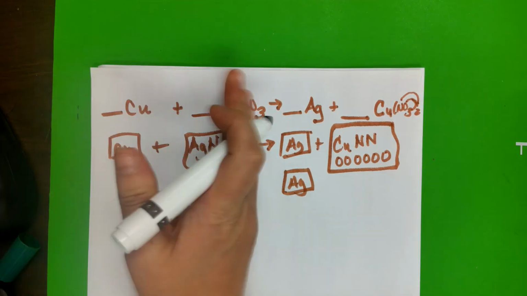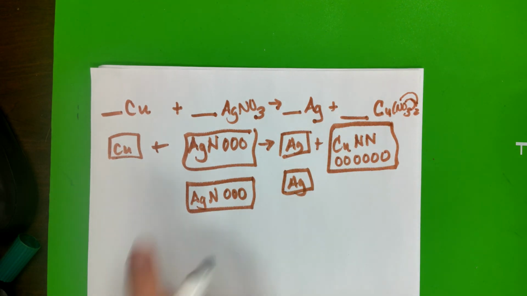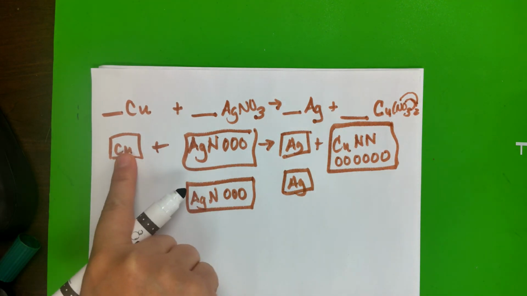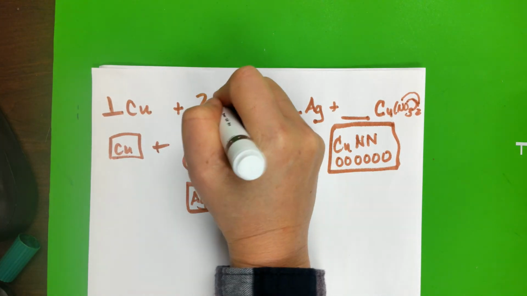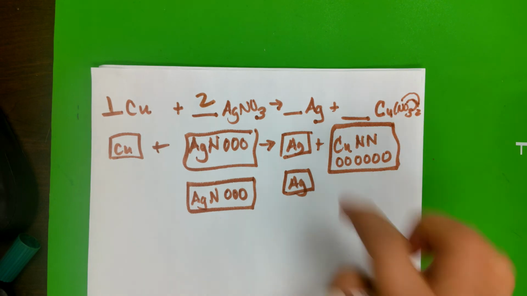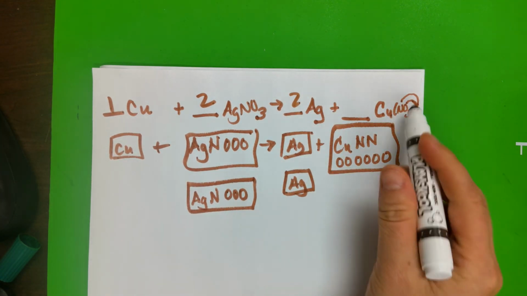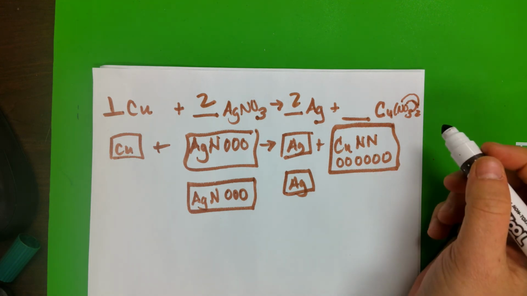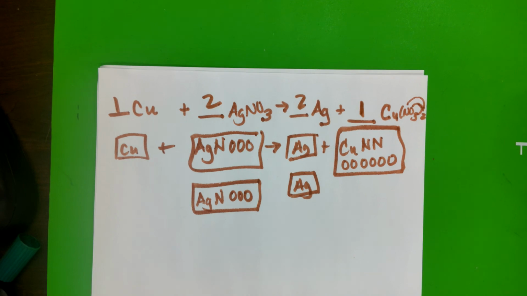Remember, as long as the left side equals the right side, that's fine. After you're done, then you count the boxes. So it will be 1 copper, 2 boxes, that means 2 silver nitrate, and then this one is silver, that's 2 silvers, and this is copper nitrate, so it will be 1 box. And that's basically it. You are done.